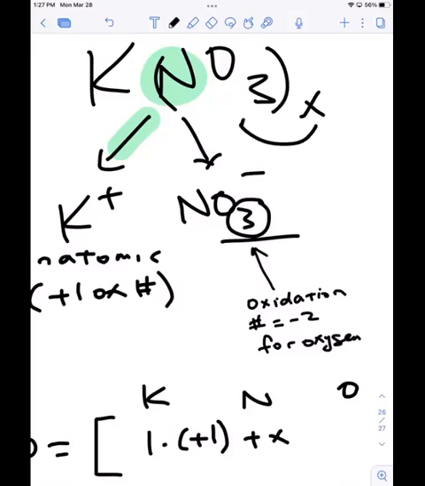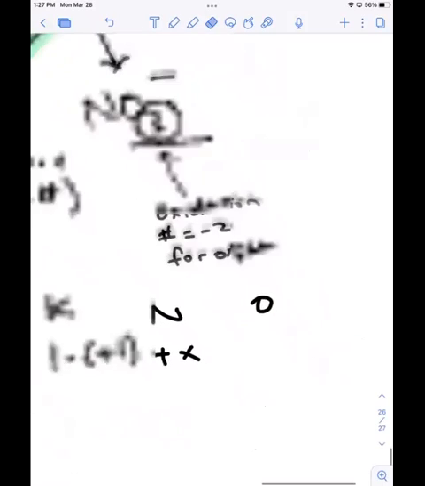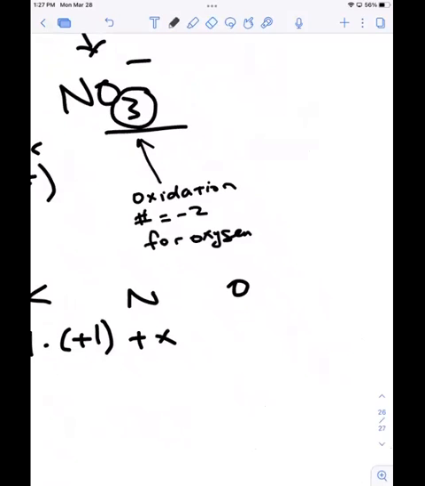That's the only time we're going to distribute that. But that 3 in NO3 does not get distributed. All right, so that's just for oxygen. So we're going to say O is 3 times, what's the oxidation number for oxygen if it's bonded to another atom? Based on the rules.